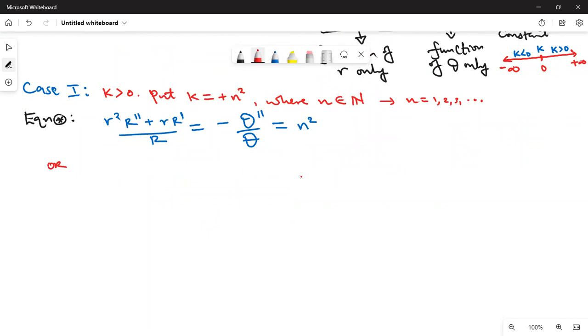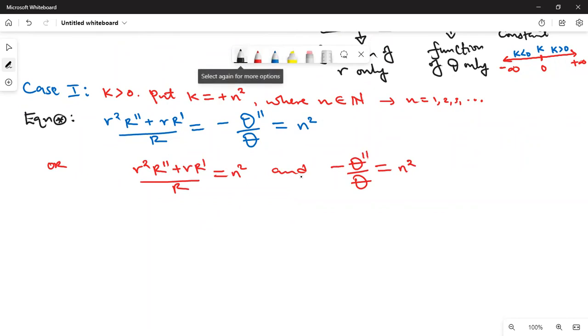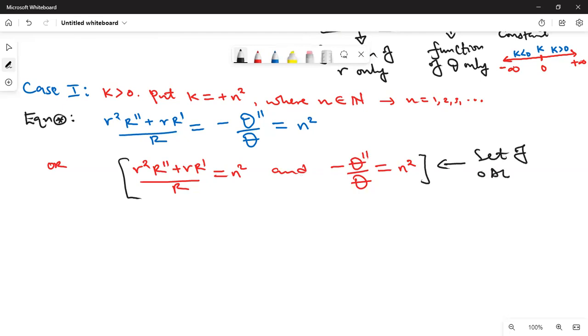The first one is r squared times R double prime plus R prime over R equals n squared, and negative theta double prime over theta equals n squared. So these two form a set of ODEs. We'll call this equation 1, and this one equation 2.